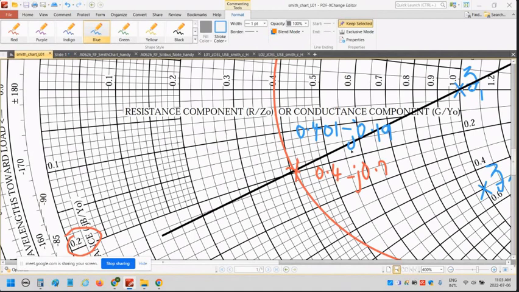What I can say here is that this is roughly based on the Smith chart.